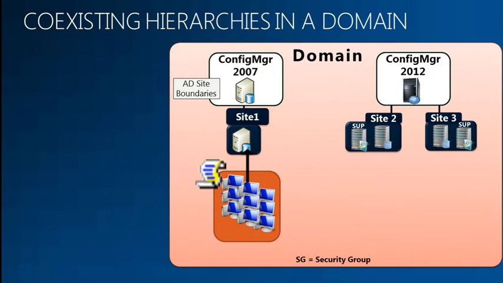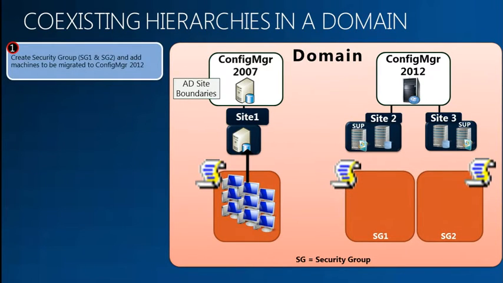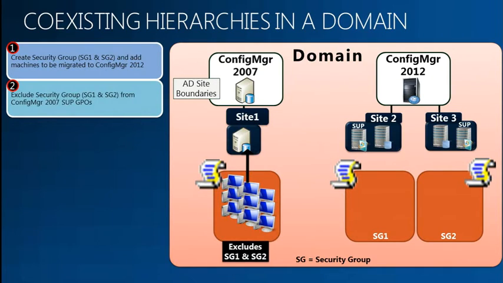So what we wanted to do: the first thing we created was a security group. Let's call them SG1 and SG2. Then we ensured that this security group is excluded from the Configuration Manager 2007 site assignment group policy, because as I mentioned, we use software update point-based client installation.